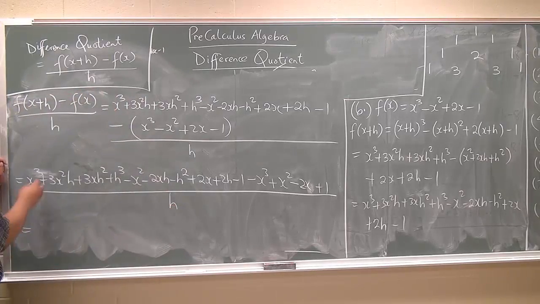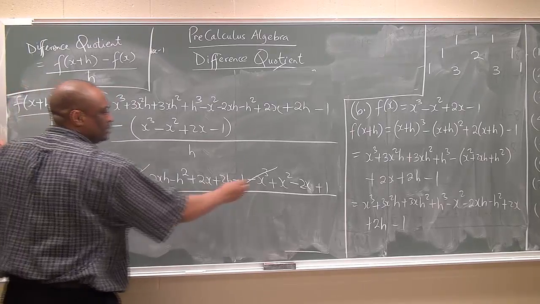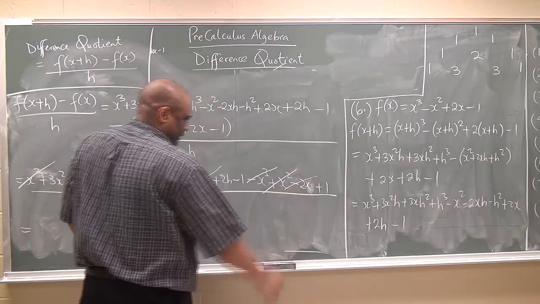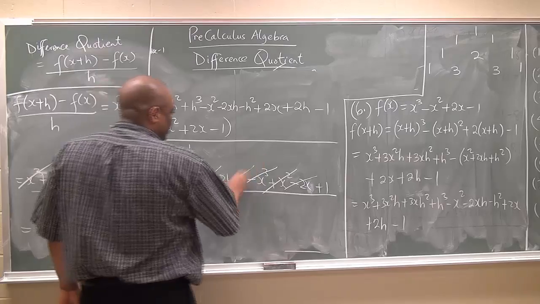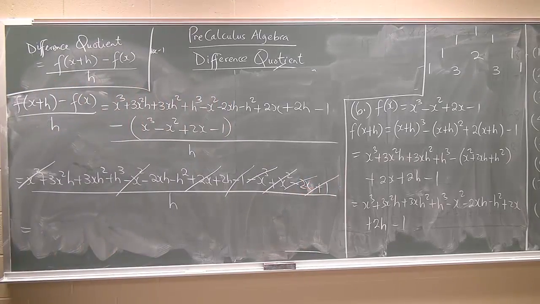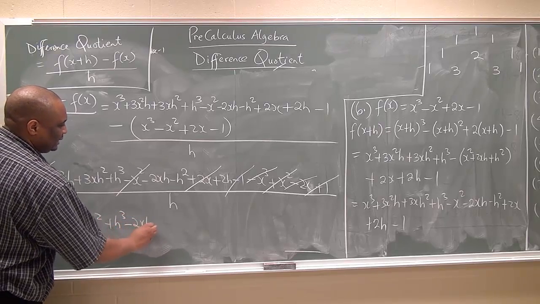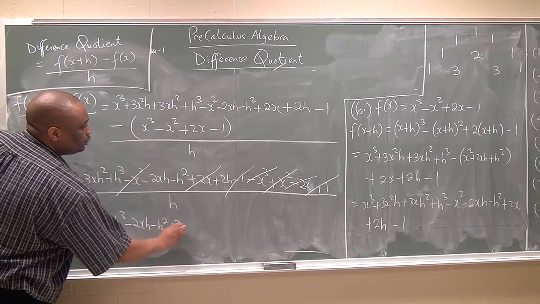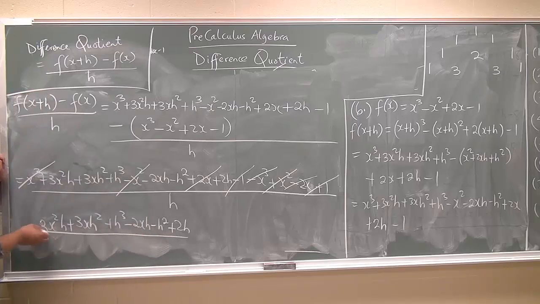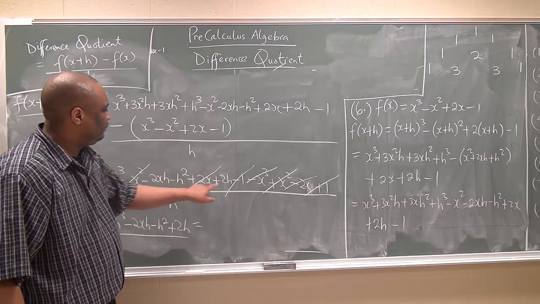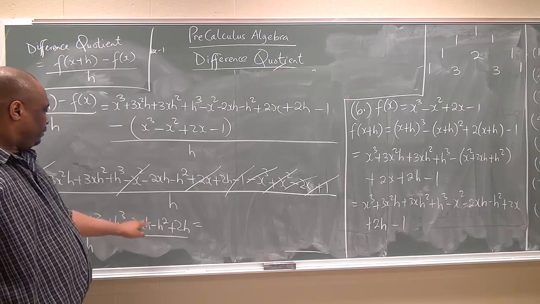And so we now have x cubed minus x cubed, gone. Minus x squared plus x squared, gone. Plus 2x minus 2x, gone. Minus 1 plus 1, gone. So what do we have remaining? 3x squared h plus 3xh squared plus h cubed minus 2xh minus h squared plus 2h, all over h. 1, 2, 3, 4, 5, 6.